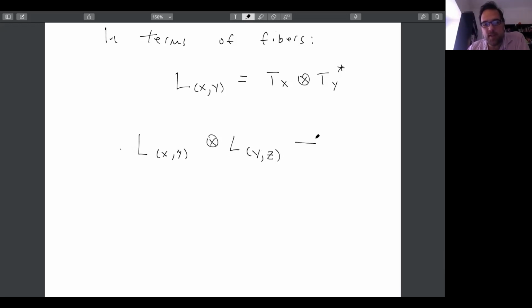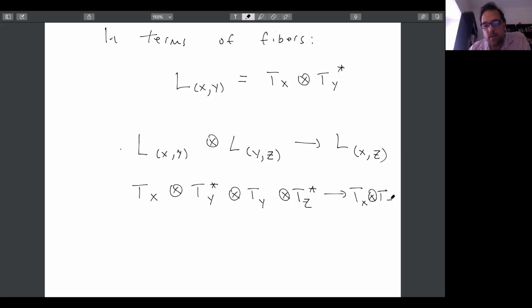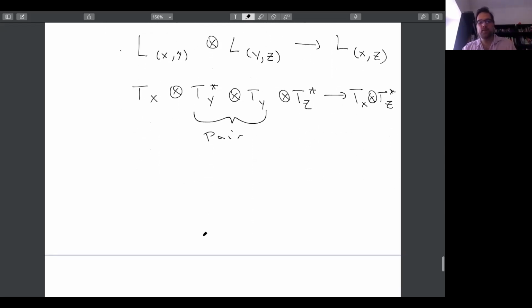Mu pairs fibers like this and gives you points of the fiber over x, z, but expanding these out, we can see immediately how it works. It just pairs the dual with itself canonically.